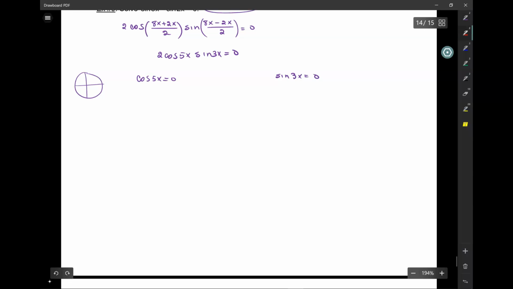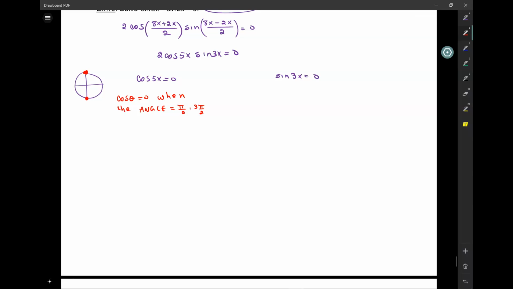Cosine is 0 when the angle is pi over 2 and 3 pi over 2. So cosine of theta is 0 when the angle is pi over 2, 3 pi over 2.